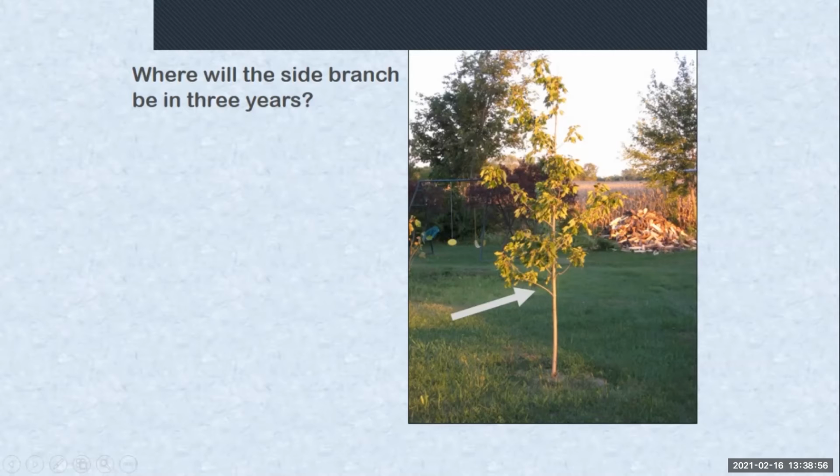In fact, many of these branches will ultimately have to be removed because you've got to have some clearance as you're mowing under the tree. So most of these branches ultimately will get removed, and your main scaffold branches will probably be up here somewhere eventually. All right.